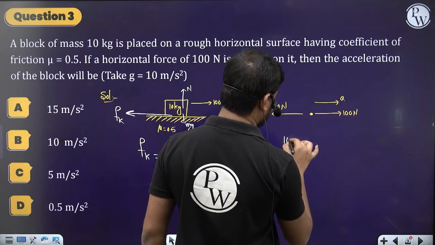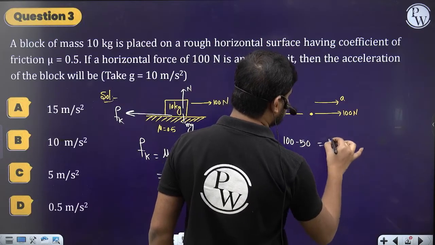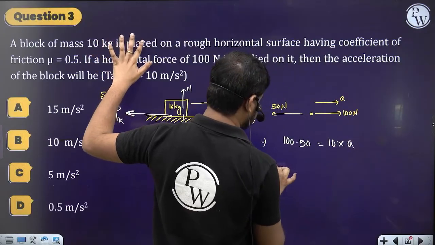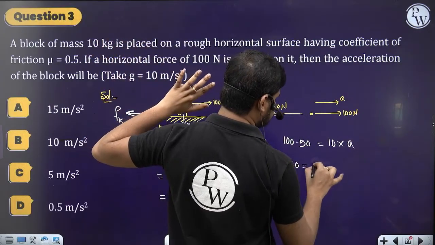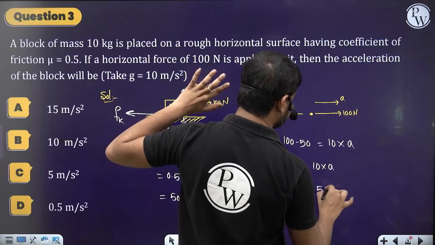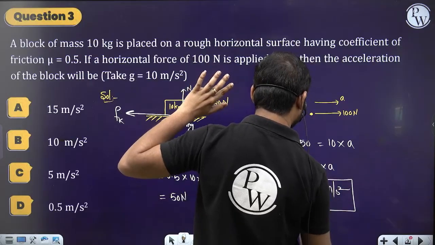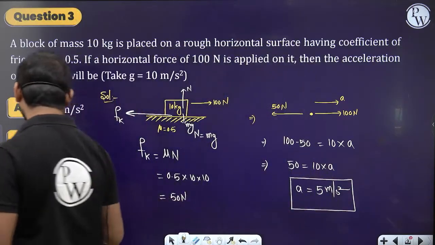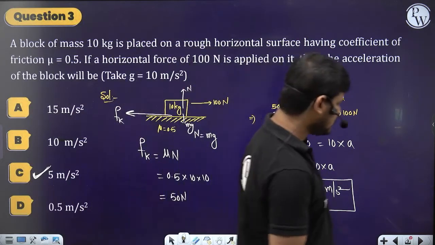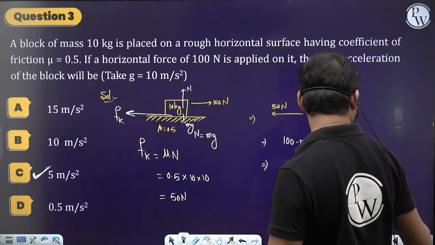So more force minus less force is the net force, which is equals to mass of the body 10 kg into its acceleration a. So that's why it's going to be 50 is equals to 10 into a. From here the acceleration a is equals to 5 meter per second square. So the acceleration a is equals to 5 meter per second square. Clear? Option C is the correct one. Done, guys. So let's move further.